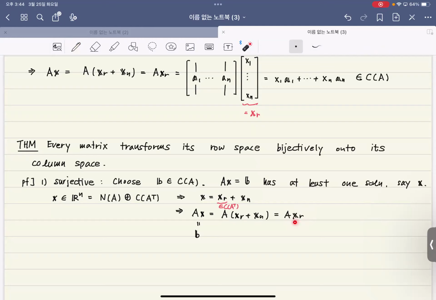That means I could find a vector from the row space such that under the linear transformation A, it is mapped to the vector b. So this proves the surjection.